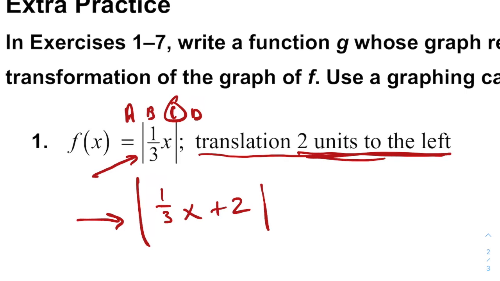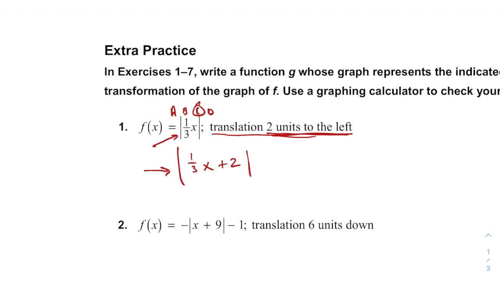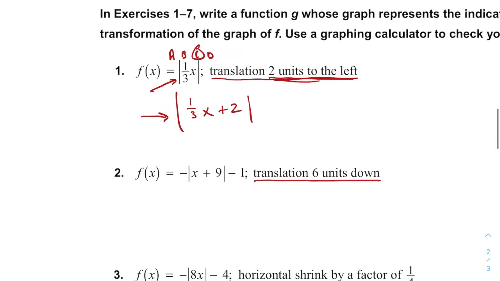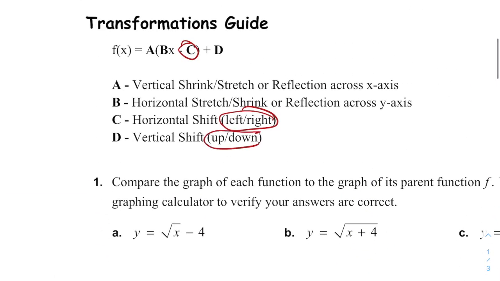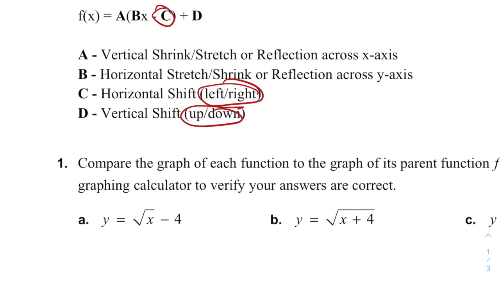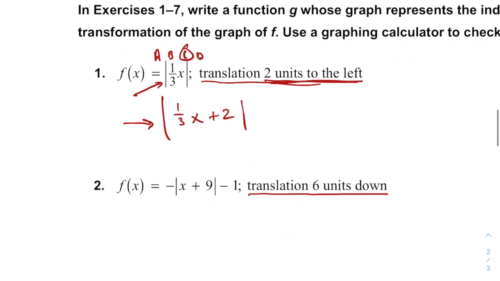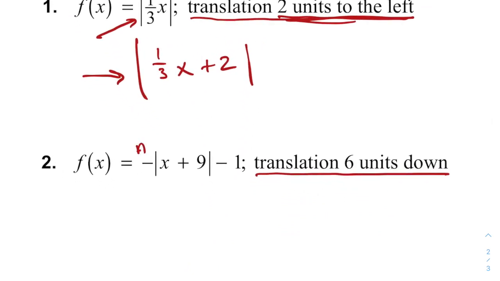So for these types of functions, it's going to give you that transformation, and you have to adjust the equation appropriately. With number 2, it's a translation 6 units down. So you have to understand that down is a vertical shift, and vertical shift is D. It's going to affect the one on the outside. Here you have A, here is B, though there's nothing there, you have a C, and here's D. So it's going to affect this piece right here.